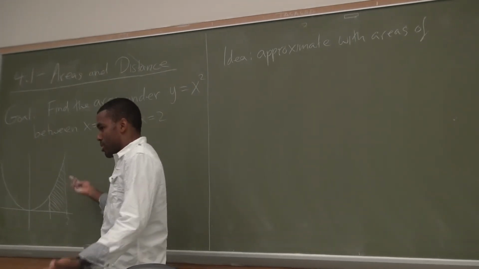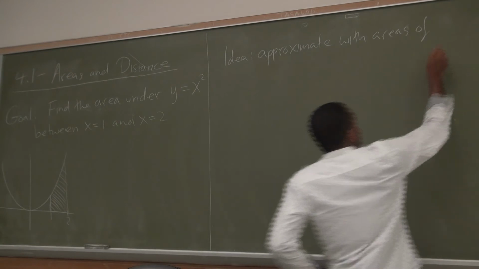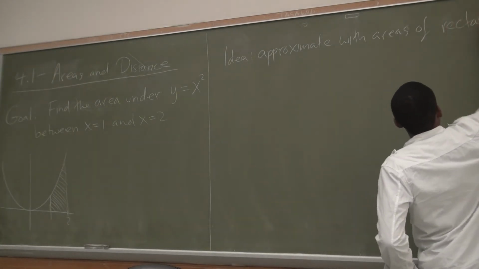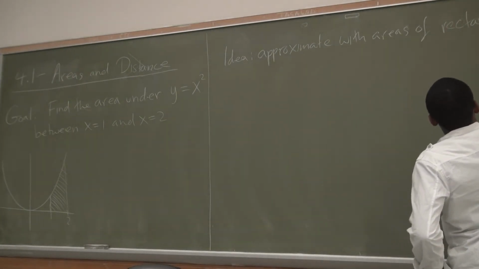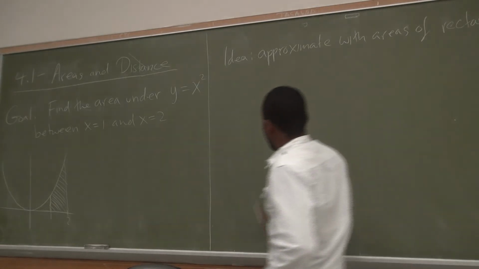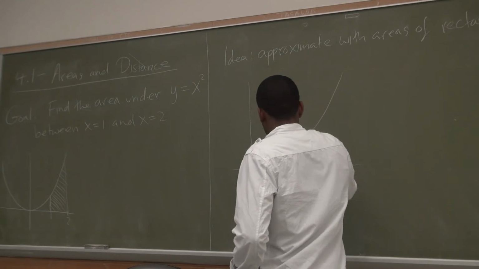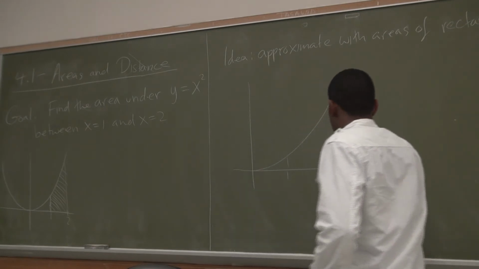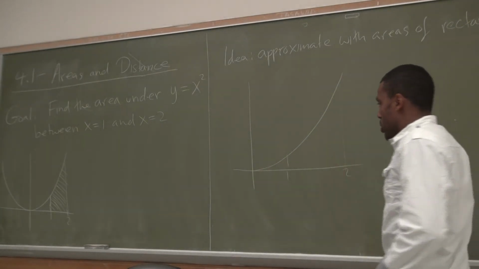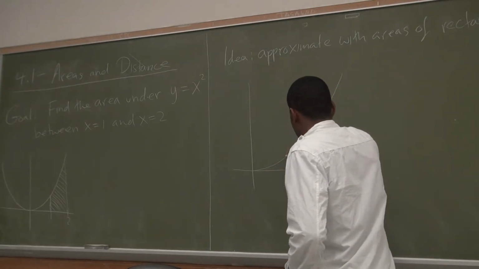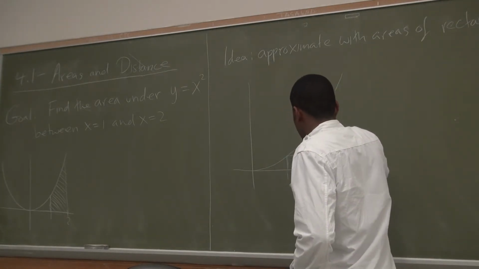Well, the best one here would be rectangles. So if I have this between 1 and 2, I don't know the exact area, but I can use rectangles here, just make rectangles under this.